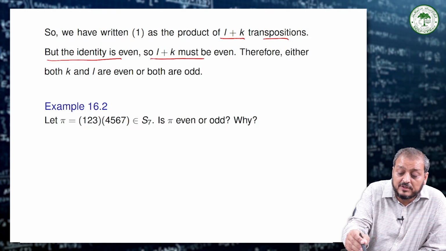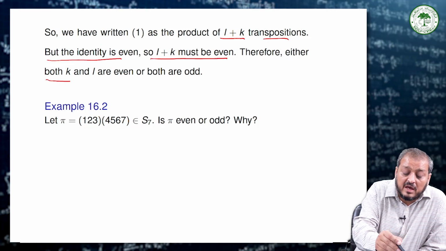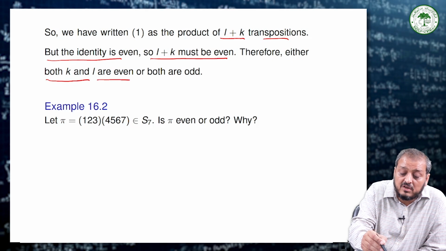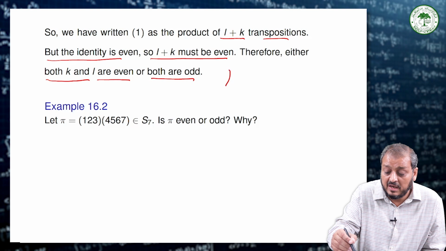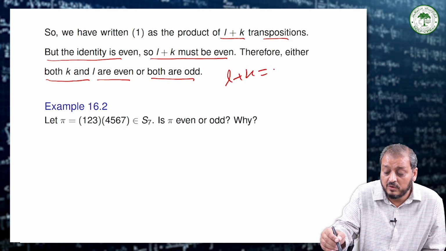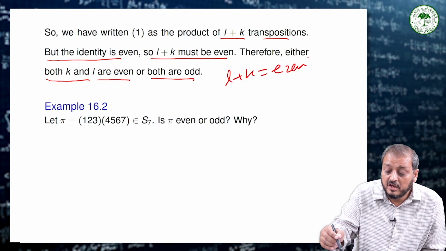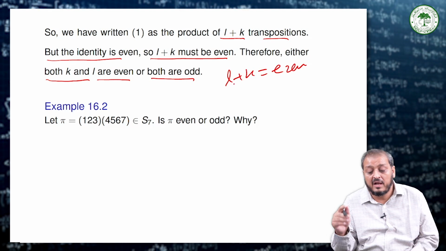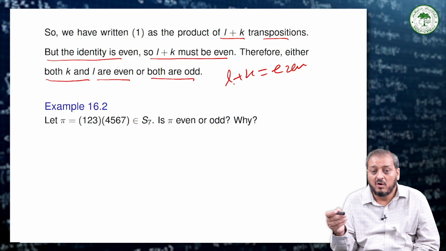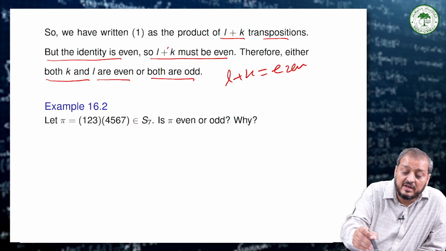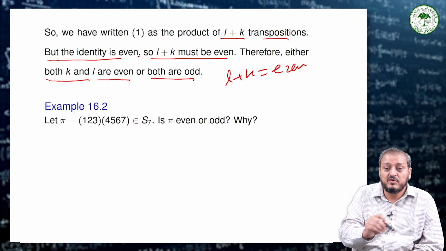So, L plus K must be even, therefore either K and L are both even or both are odd. Now, we know that L plus K being even is only possible when L and K are both even or both odd. So this means the identity permutation is always even, we know that.